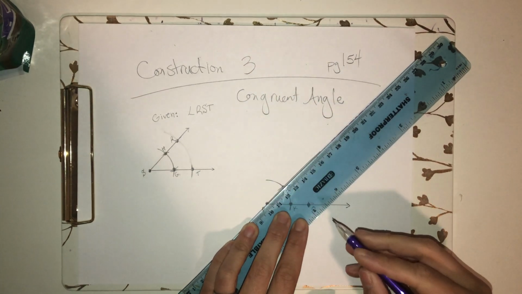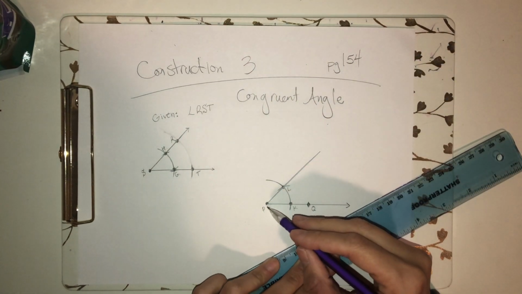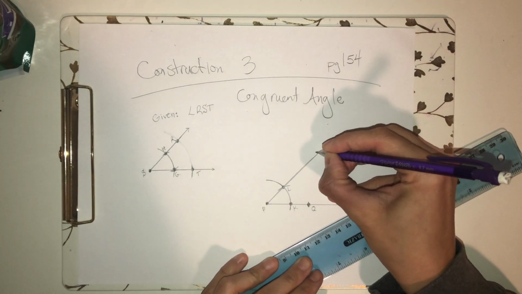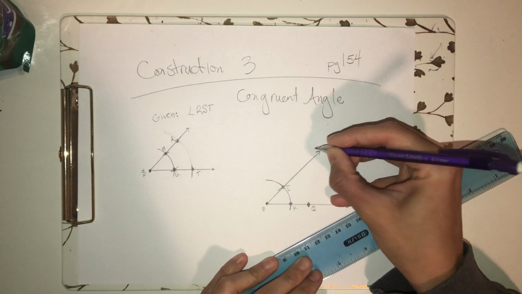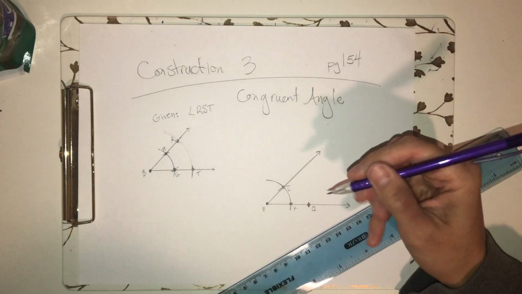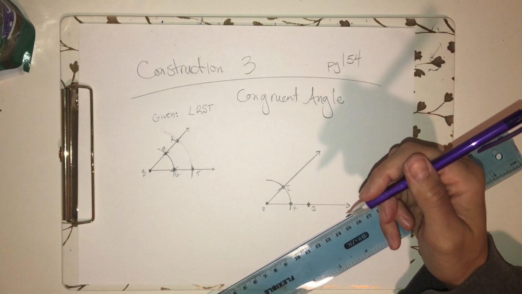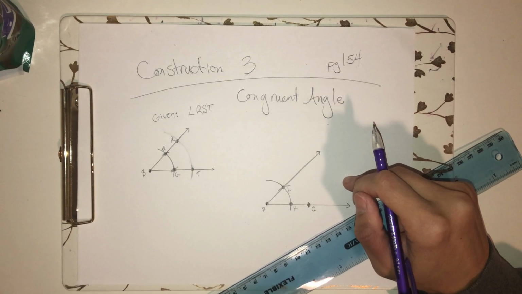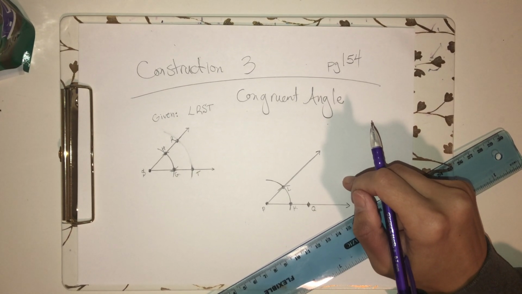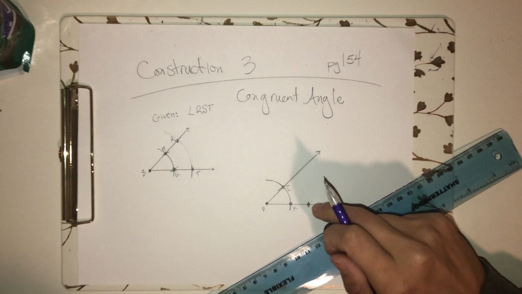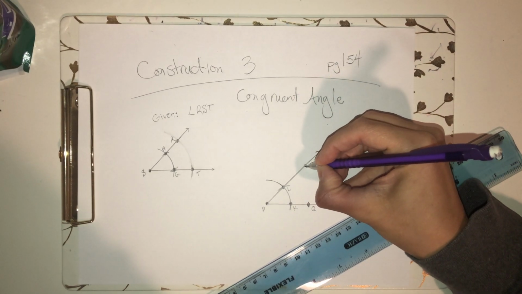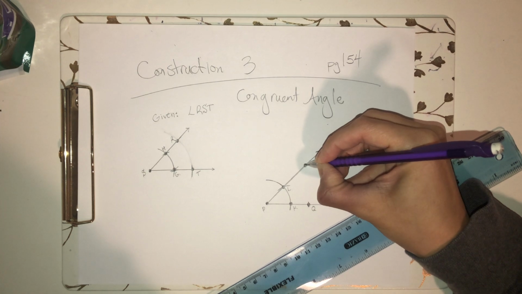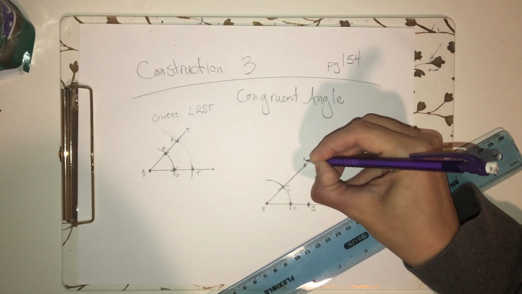So we need to now draw a ray connecting P to L. So put an arrow at the end of it, indicating that it is a ray. But then, in order for the name of this angle to be angle NPQ, we're going to need to slap another point on here and name it N.